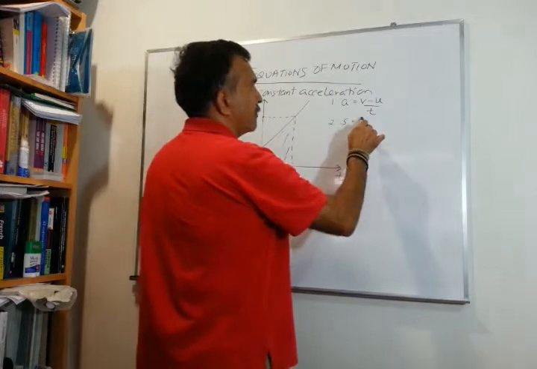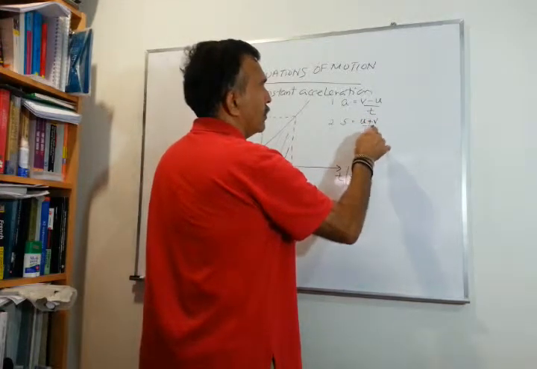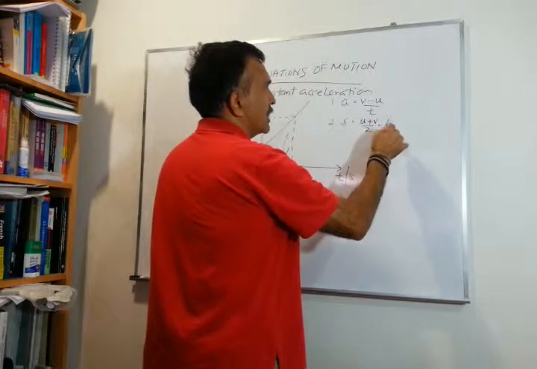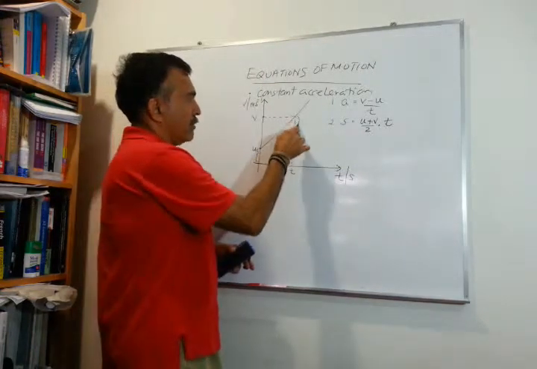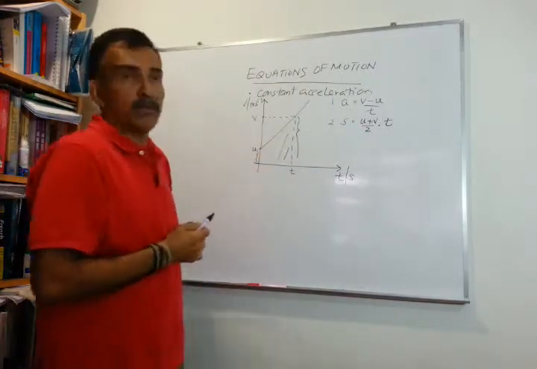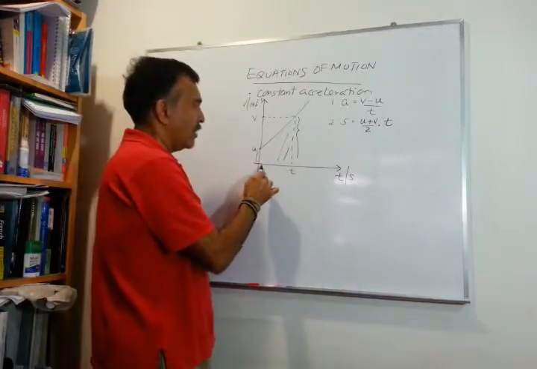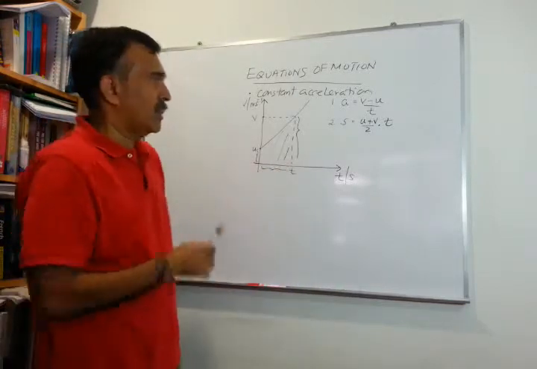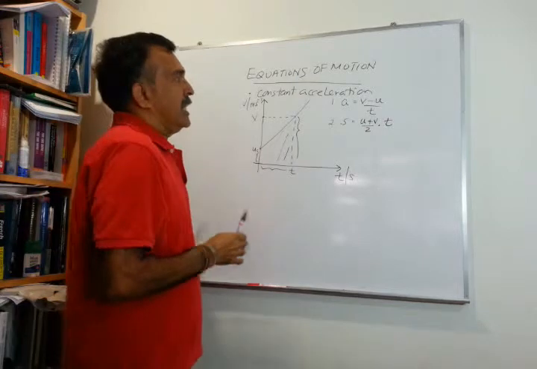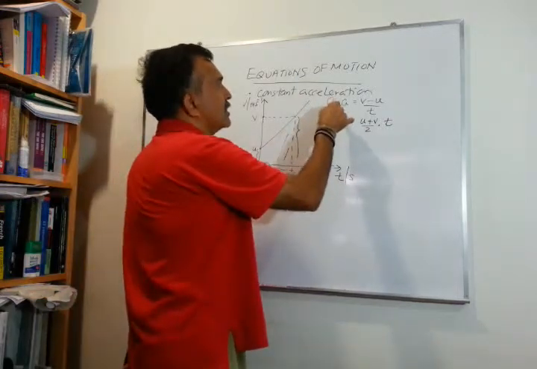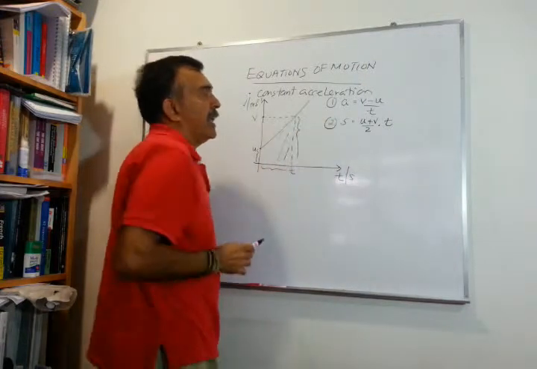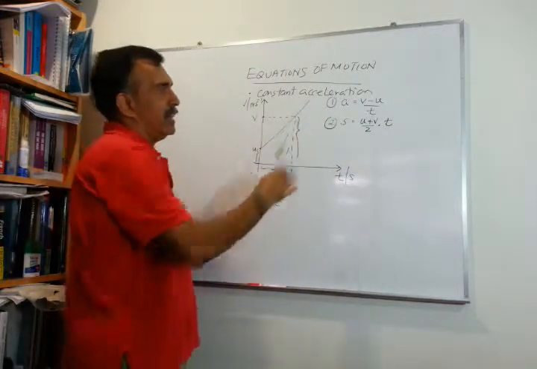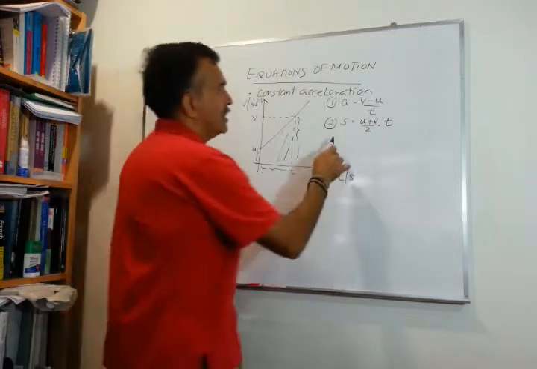So I can write u plus v over 2 times t. The area of the trapezium, we have u, and then we have v, and u plus v over 2 multiplied by your height, which is t. Okay, we're done with that. So let me just circle this. This is by definition the acceleration. This is the displacement.